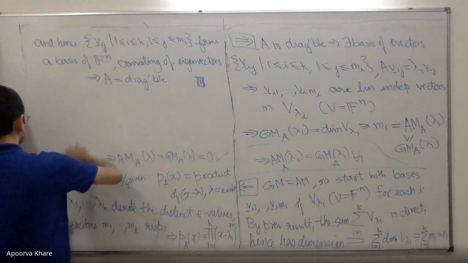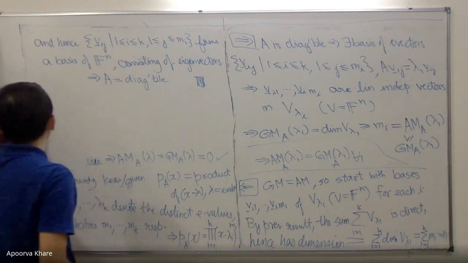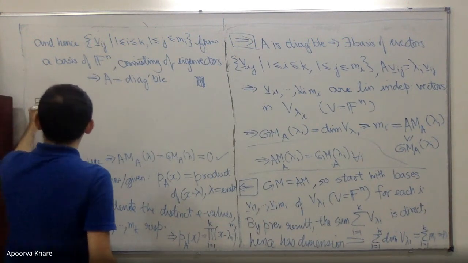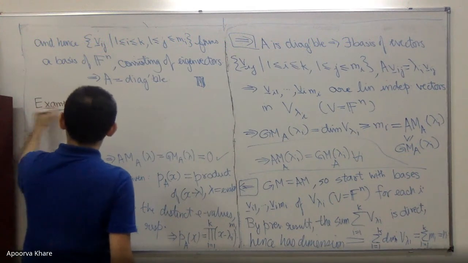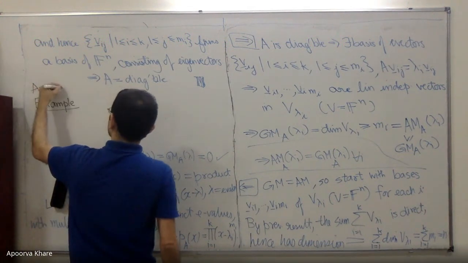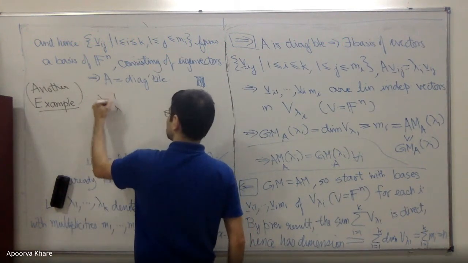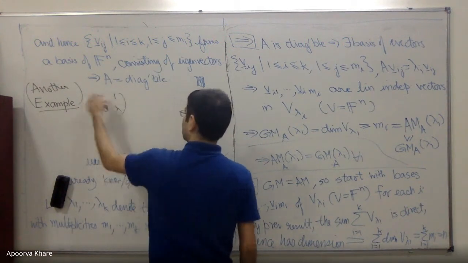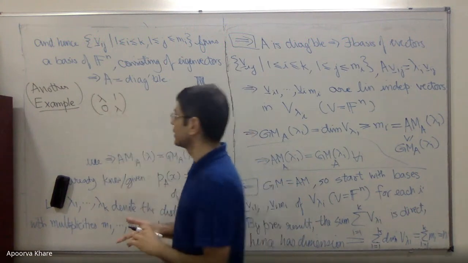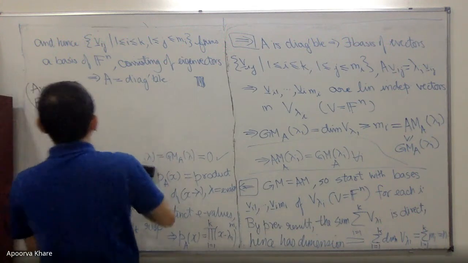So in particular, let me show you another example. One more example. We said that of course this matrix is not diagonalizable because it's upper triangular and the entries are the same and we have a problem. But what if I do something like this?